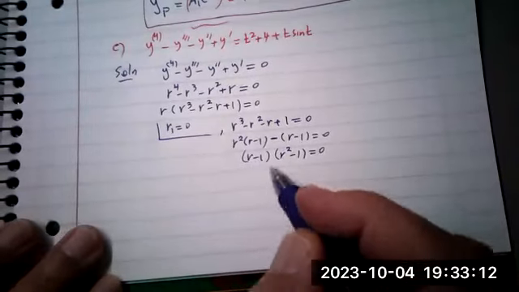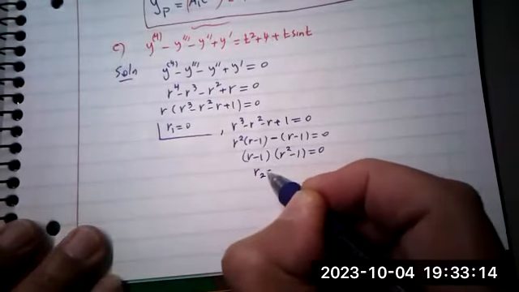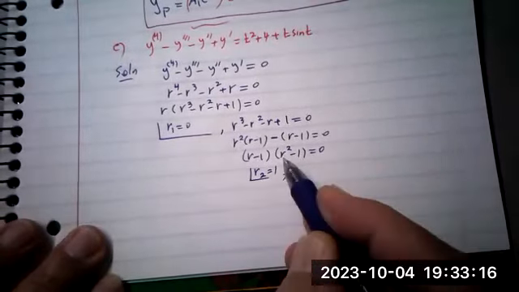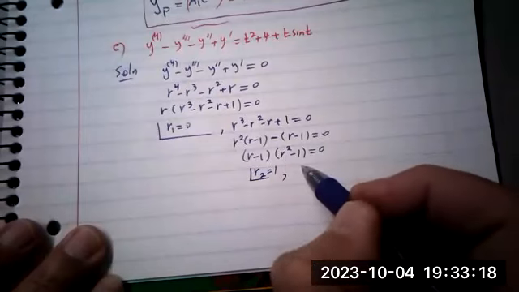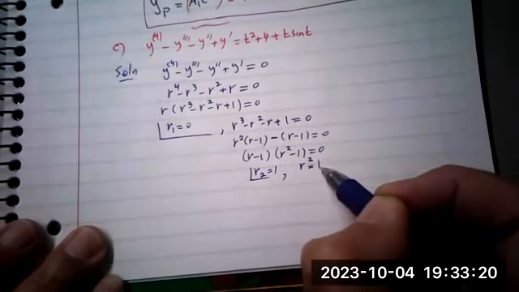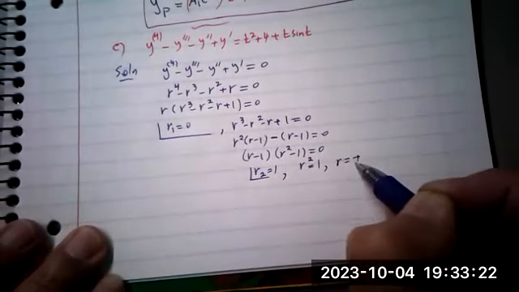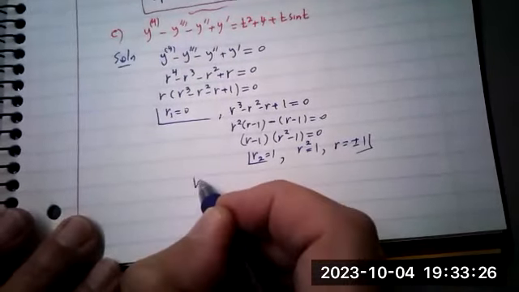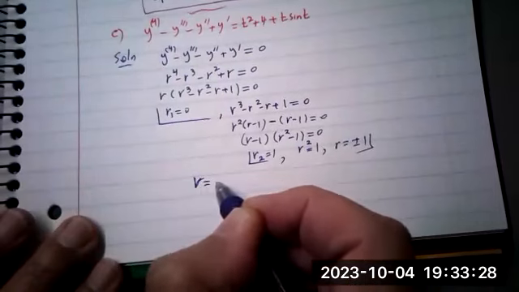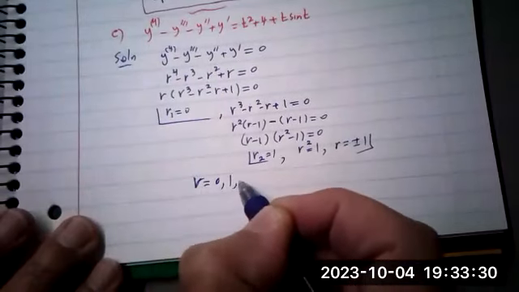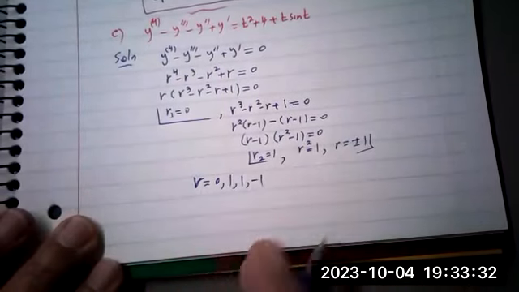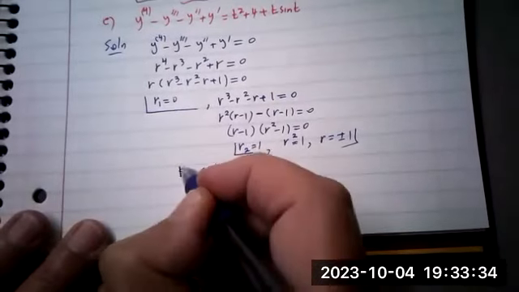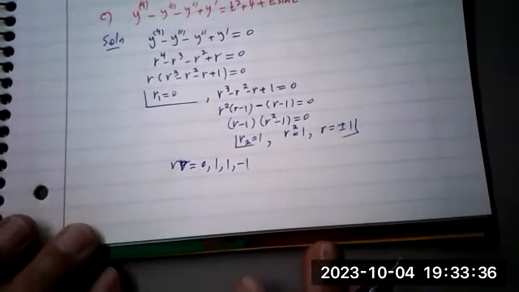So we get the other solution, R2 is 1. And over here, we get R squared equals 1, so that gives you R equals plus or minus 1. So our 4 solutions are going to be R equals 0, 1, 1, and negative 1. So we have a repeated one at 1.